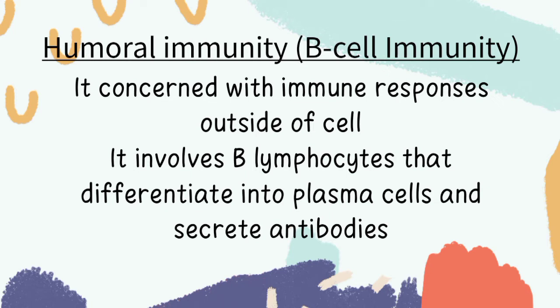So the T cells are involved in immunity of the cell itself, while the humoral is more concerned with the immunity that is outside the cell. So there's a form of division of labor. It is saying that T cell, you take care of the cell, B cell, you take care of everything outside the cell, for high efficiency.